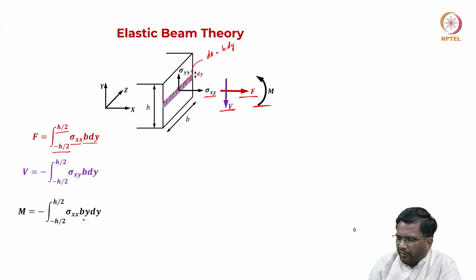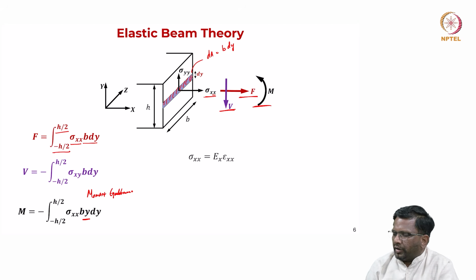So, your lever arm is again y. From moment equilibrium, sigma xx into b dy into y will give me the moment equilibrium equation.